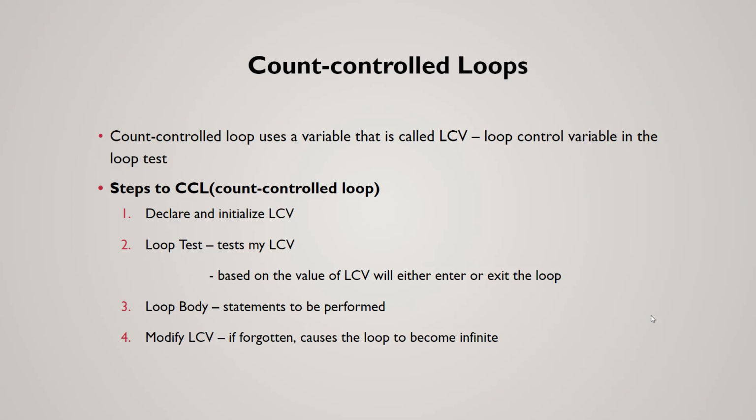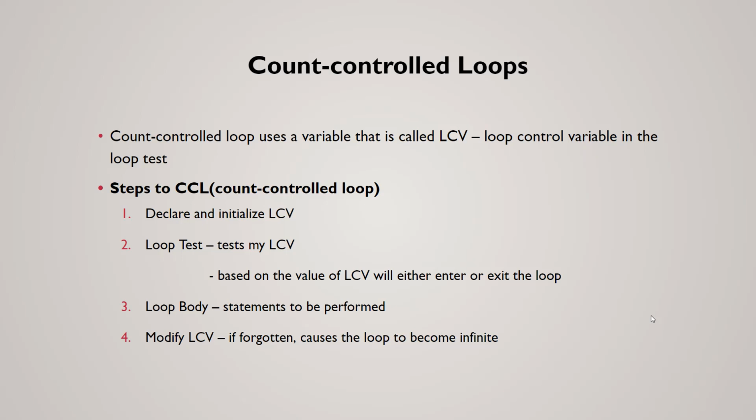And then we have a loop test. This tests the LCV. So if our count is less than or equal to 5, that will be true until our count becomes 6. That's a simple example of a loop test. If the loop test evaluates to true, we enter the loop.